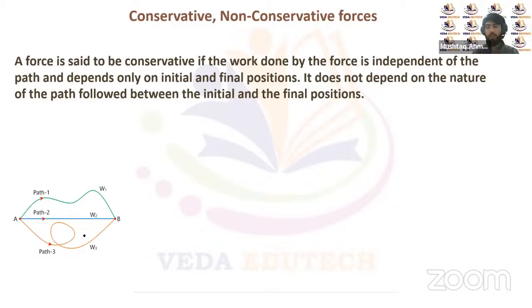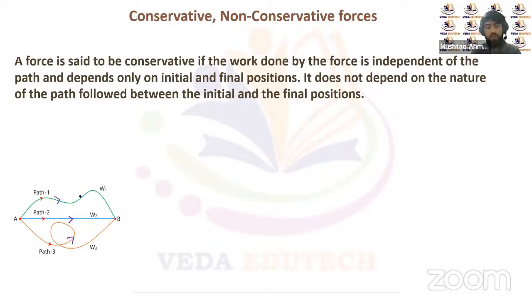There are three paths of three different natures. We can take this particle along path 1, along path 2, and we can also take this particle from position A to position B along path 3.